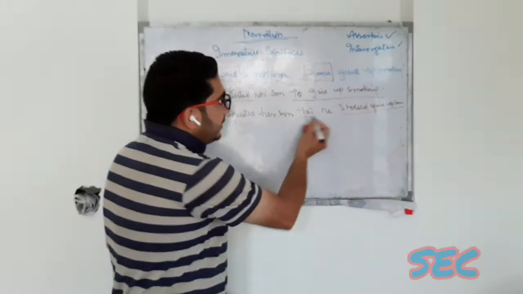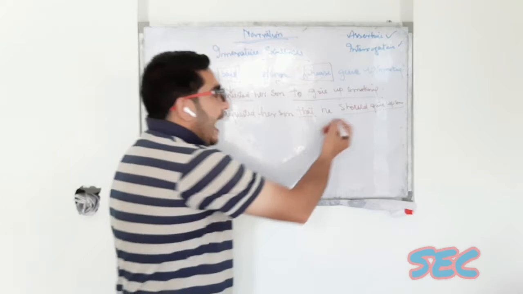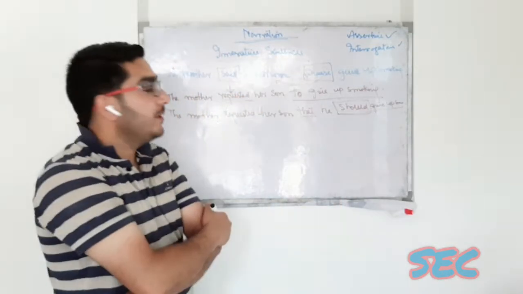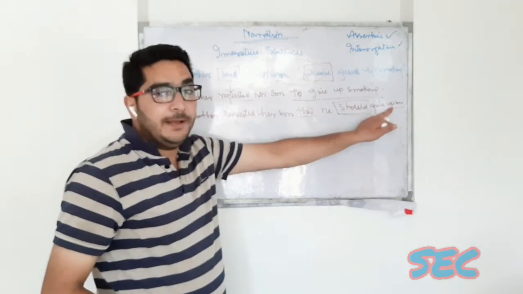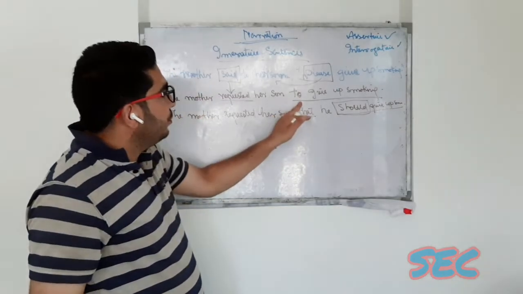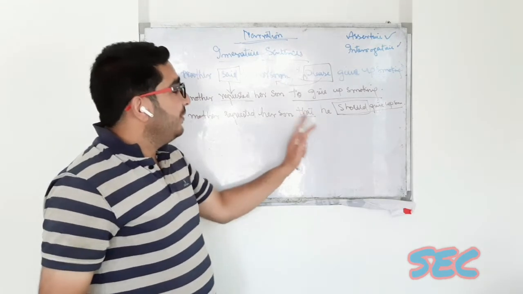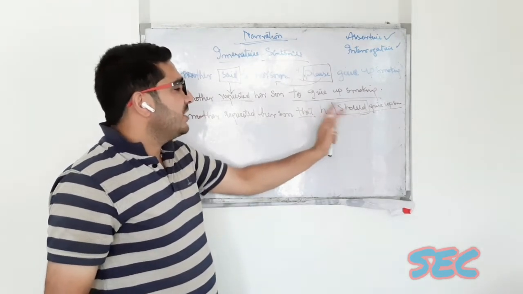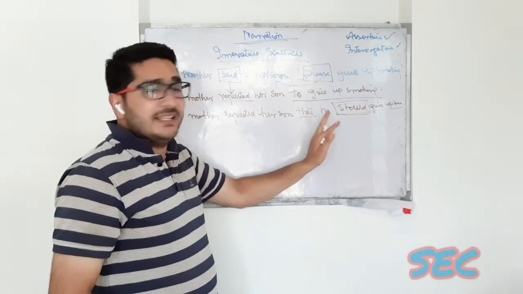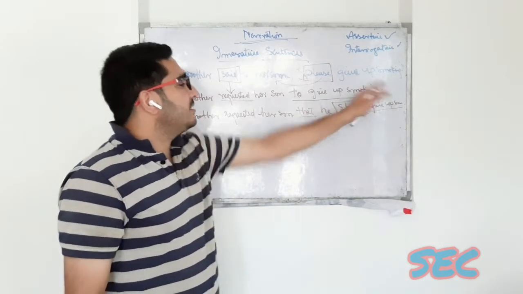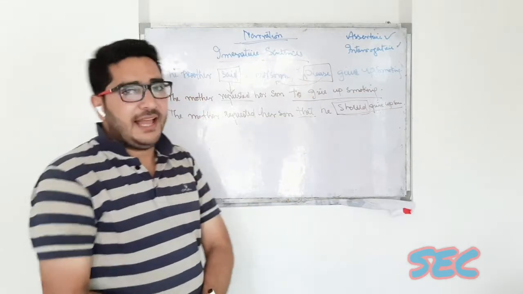When we use that, we have to place should before the imperative. When we use to, we don't have to make many changes. When we use that, we place a subject here and we place this should here. So I think this method is easier than that method.